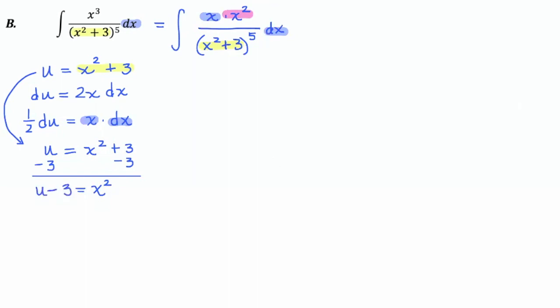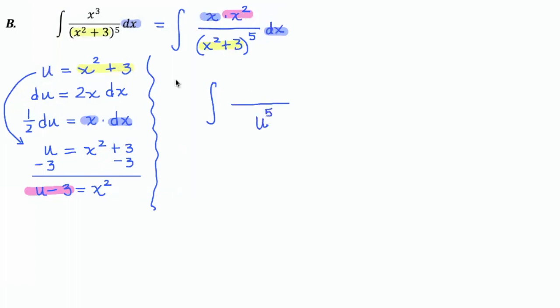So now, when I'm looking at my integral, this purple x squared part can be replaced by something in terms of u. So I'm going to be able to swap out all the pieces and replace them with something in terms of u. So let's do that. To begin writing my u integral, my u is on the bottom here of the fraction, so I'm going to keep that here, u to the 5th.